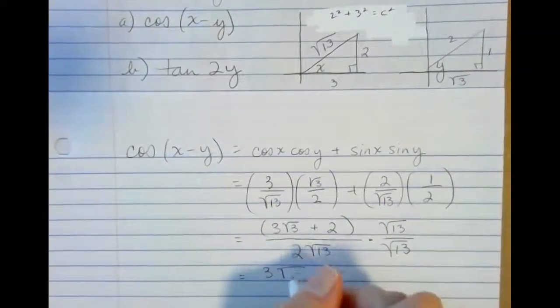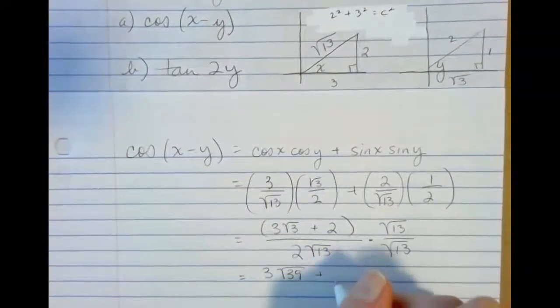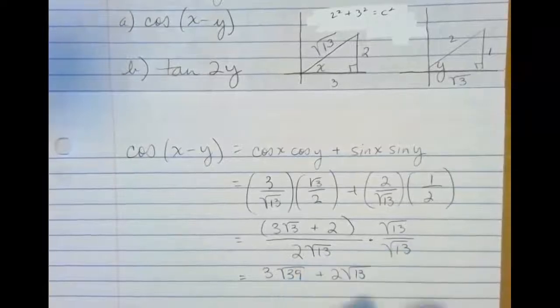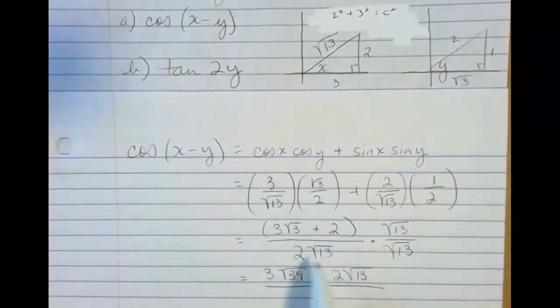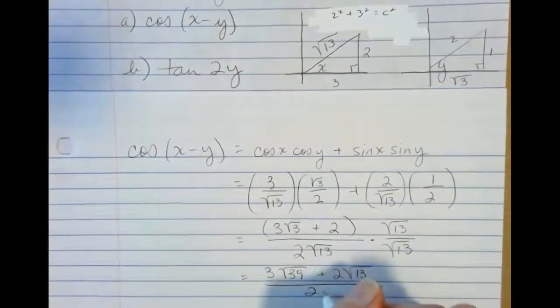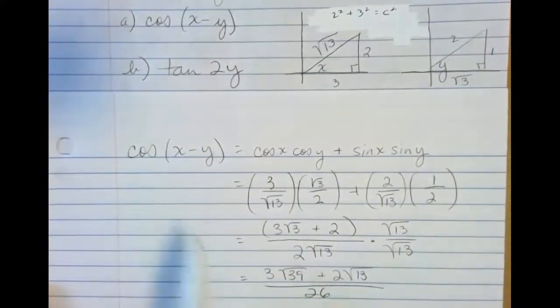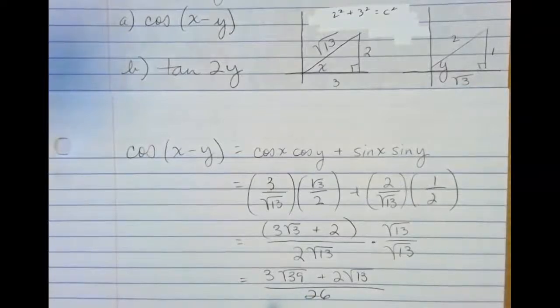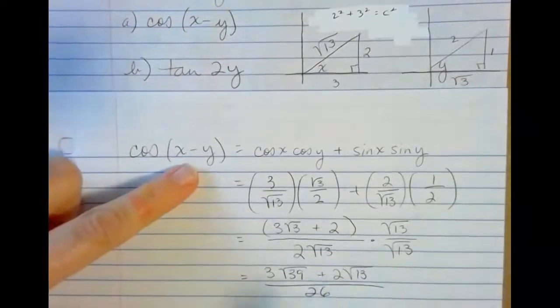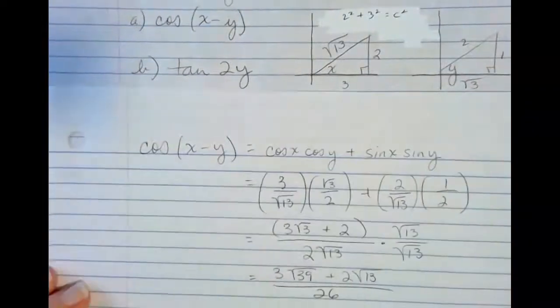That's 3 root 39 plus 2 root 13 all over 2 root 13 times root 13. That will be 2 times 13, which will be 26. This is your cosine of the difference. Remember, the cosine of a difference is a sum.